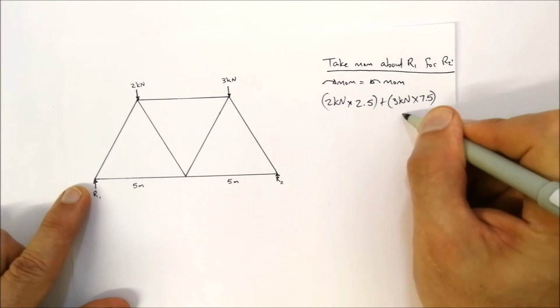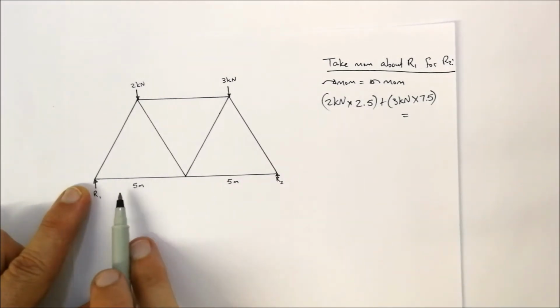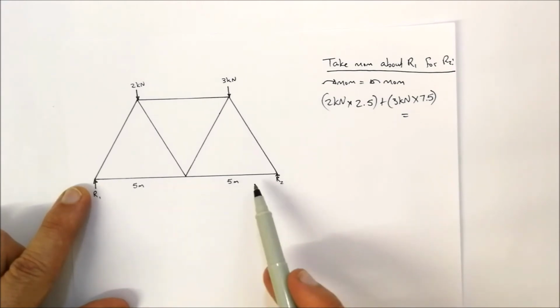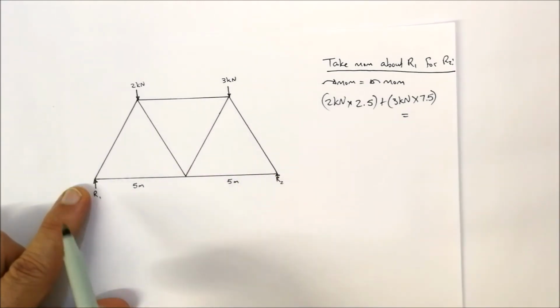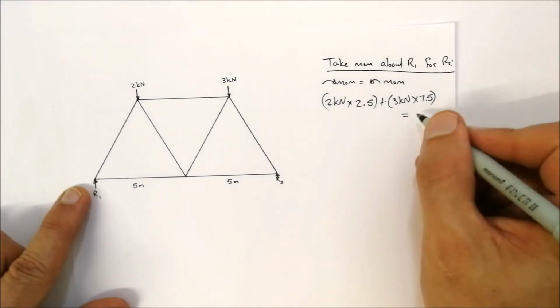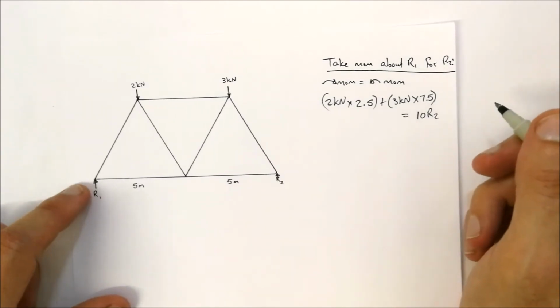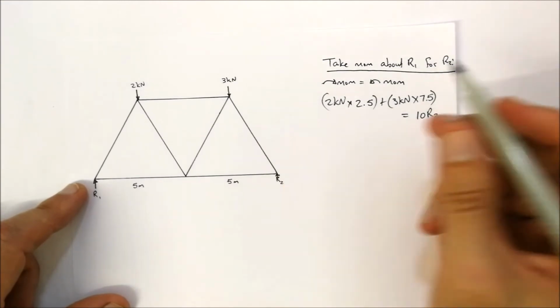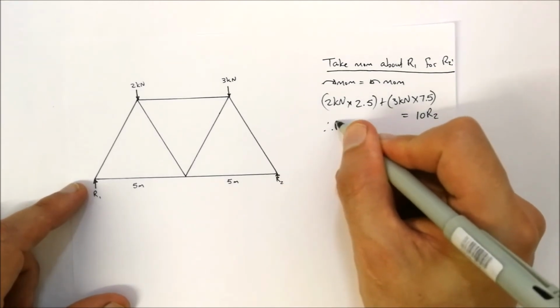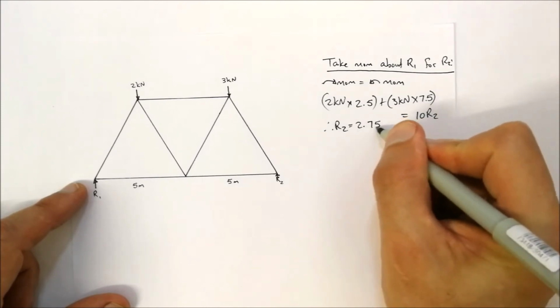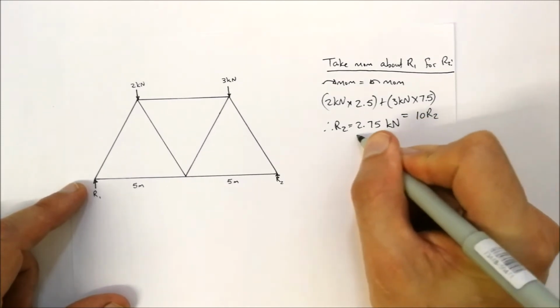And that is going to be equal to R2. If we look at the anti-clockwise directions, R2 is 10 meters away, and that's the only force working in anti-clockwise direction, so it's 10 R2. So when we calculate R2, we are able to get it to equal 2.75 kilonewtons.